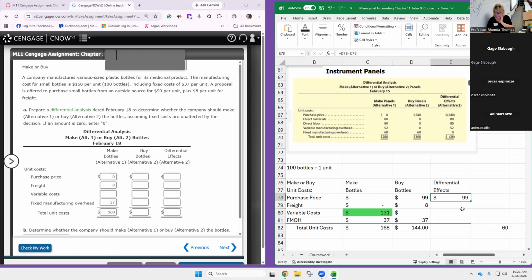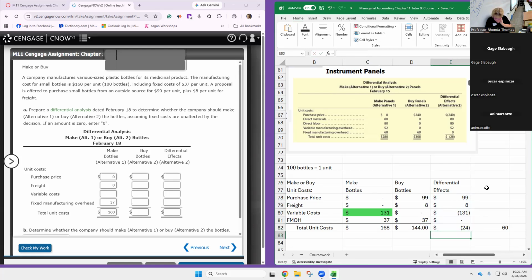So that goes also for the freight. And then we're getting into the variable costs. There's no difference between 37 and 37. So now we're going to add up the 99 and the 8 and the negative 131. We're going to add it up.